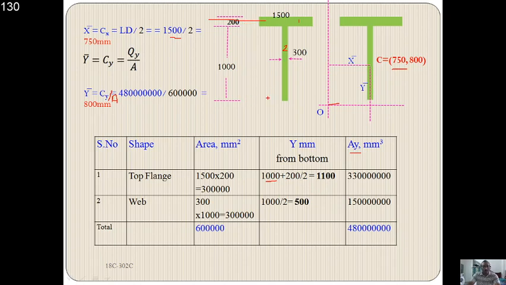Similarly, for the web portion, this is y2. Therefore y2 is equal to 1000 by 2, that is 500. Then multiply area into y to get ay, add these ay values to get the sum of ay, and divide by the area to get the y bar, that is 800 mm. This distance from this point to this point is 800 mm.